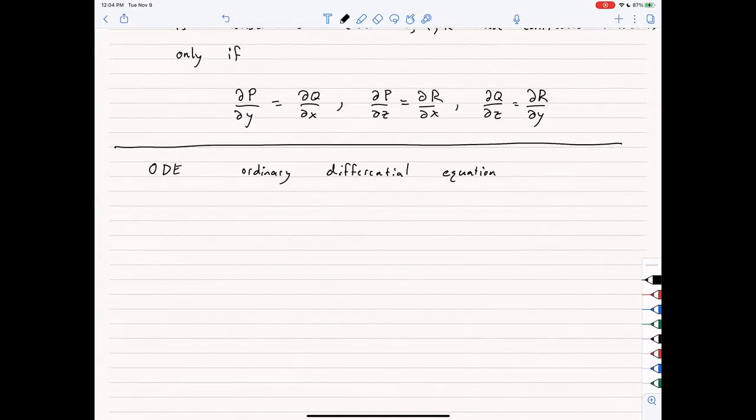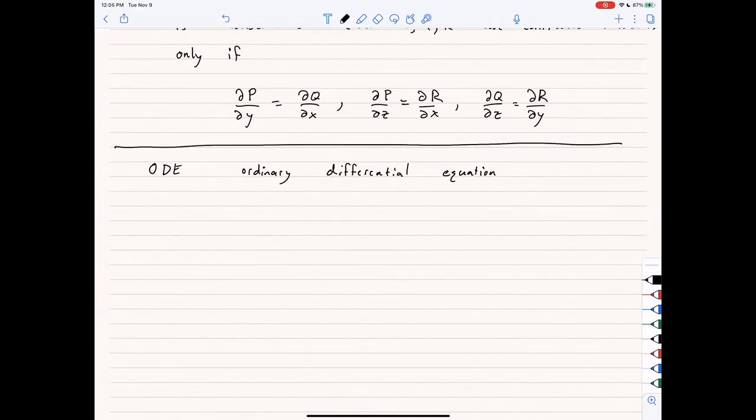So functions of several variables are vector fields. All ODEs, and I think it's fair to say all ODEs, although someone will come and tell me I'm wrong.